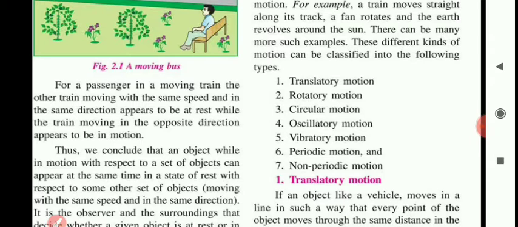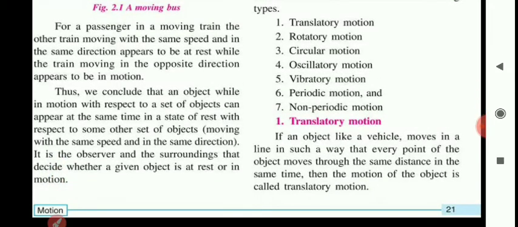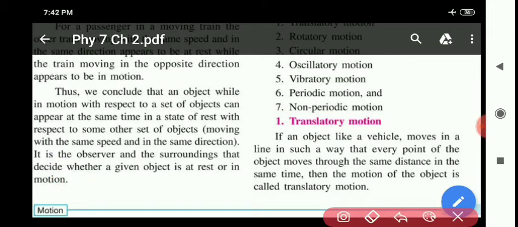So number 1, translatory motion. What is translatory motion? If an object like a vehicle moves in a line in such a way that every point of the object moves through the same distance in the same time, then the motion of the object is called translatory motion.